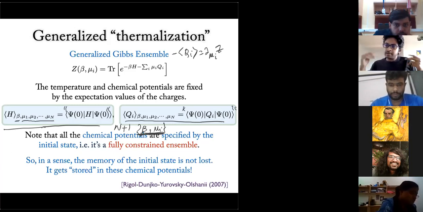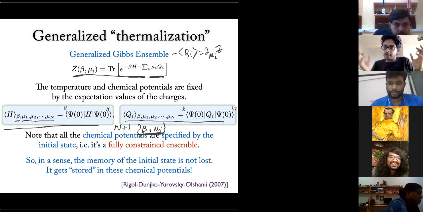So you can say that the system relaxes or thermalizes to this generalized Gibbs ensemble, if you like, but in a sense, the memory of the initial state is not actually lost, as we saw in the experiment, where wave packets came, collided, and went back, and it had a periodic motion. So the statement is that the memory of the initial state is not lost, but it gets stored.